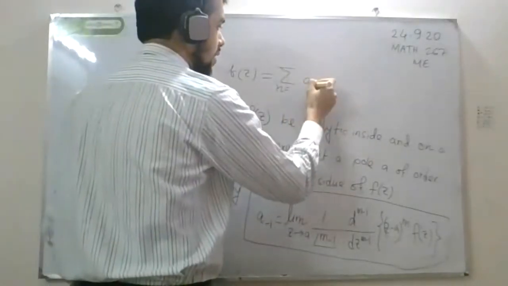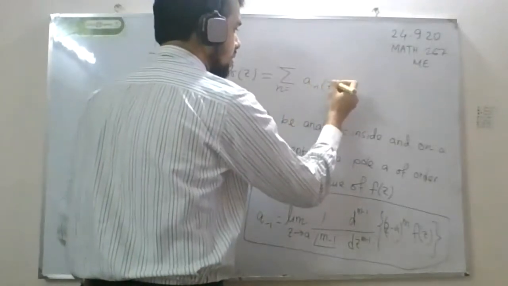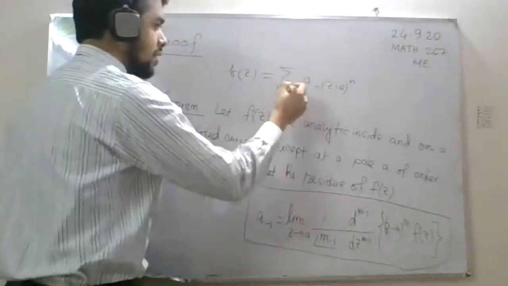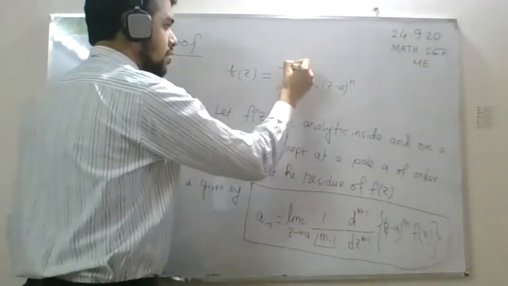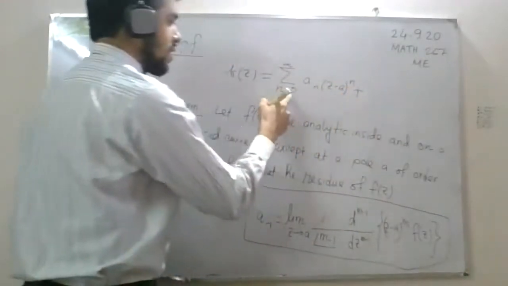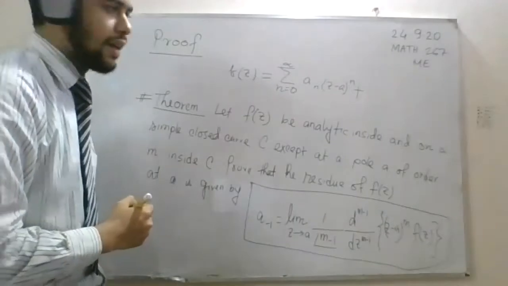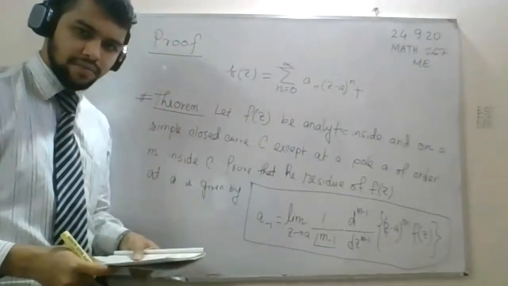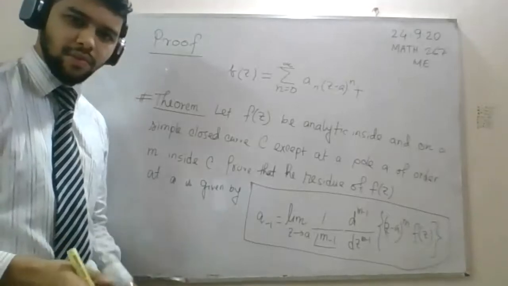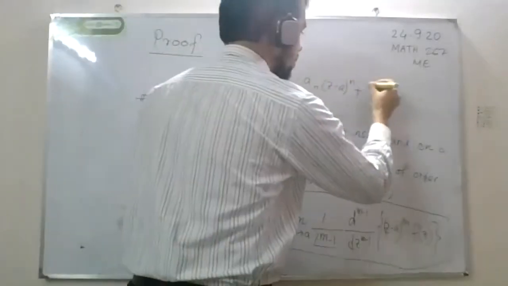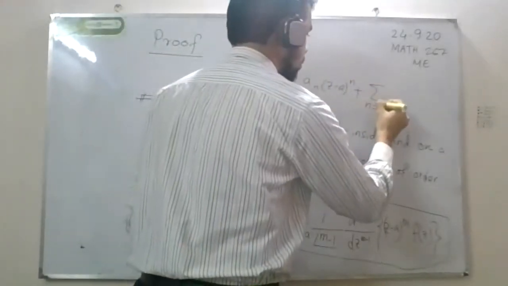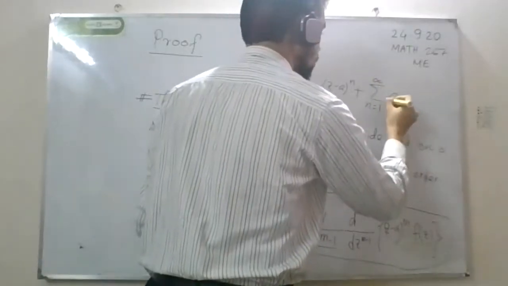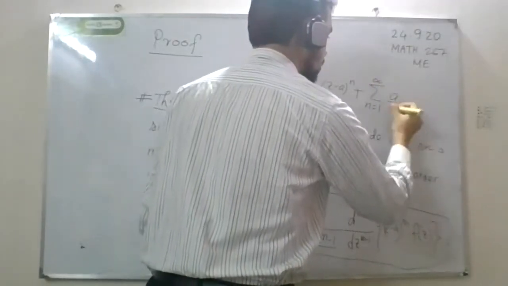a n into z minus a to the power n. Here this is from 0 to infinity, and then again another one is n from 1 to infinity, with a minus n into z minus a to the power minus n.